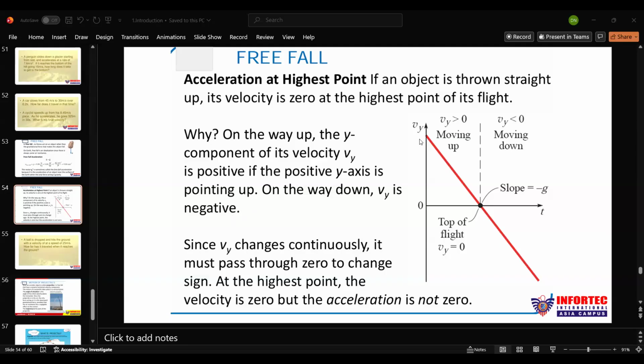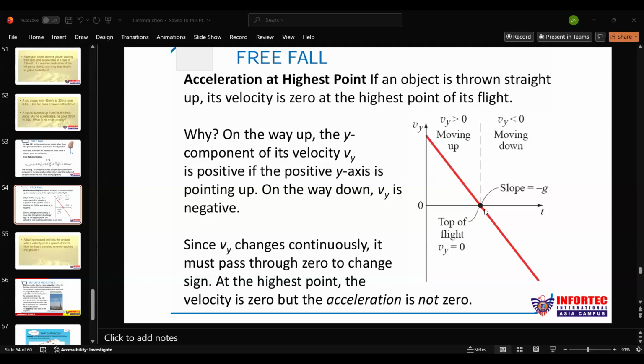The acceleration due to gravity is downward, so the velocity decreases, and at this time the velocity becomes 0.